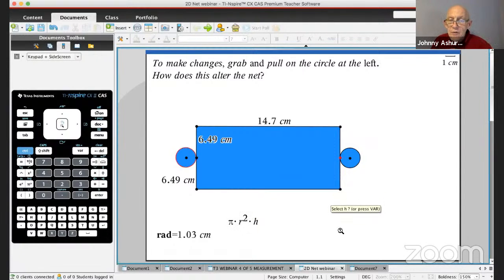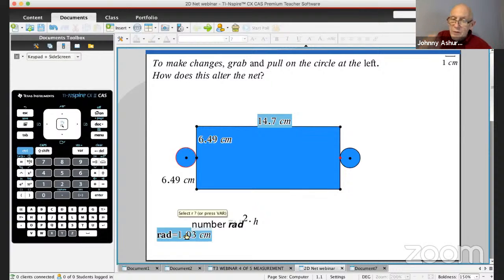Now we're asked on screen to click on a number that will be the value for H. We'll choose this one. And now we want to calculate with an R value, and I'll use this value for radius. Before I do it, keep this in mind.